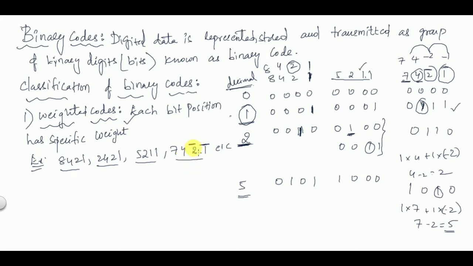If you have 2 bar, the weight of that position is minus 2. If you have 1 bar, the weight of that position is minus 1. I hope you have understood weighted codes. You can write any number of weighted codes like this. The second classification is non-weighted codes.